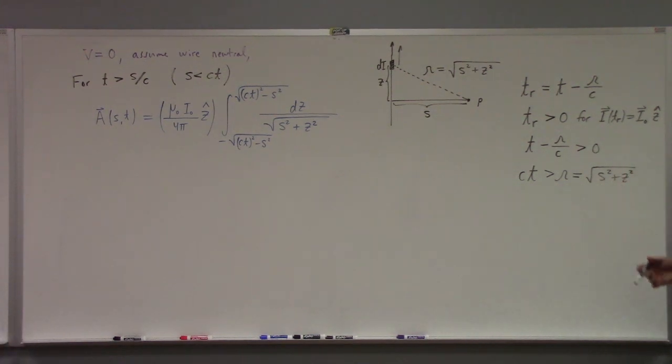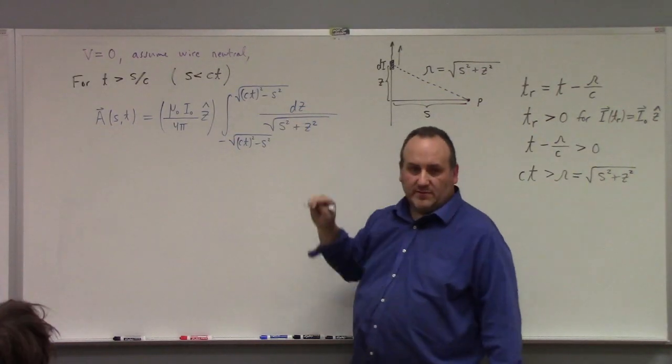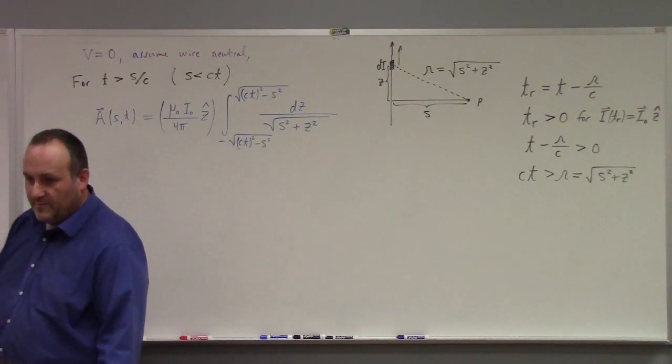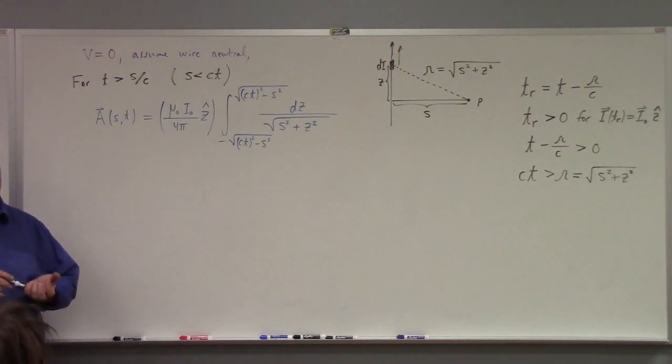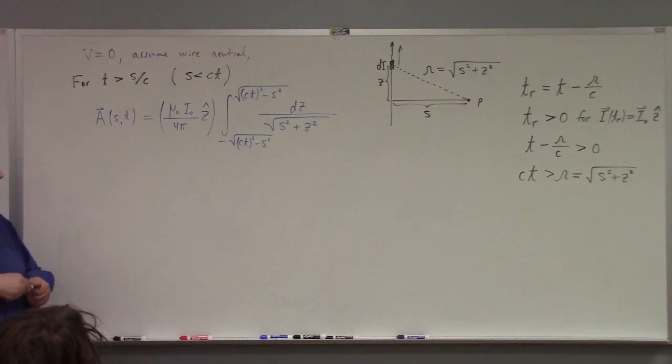So I think that explains the bounds. This is the maximum extent at which we have the non-zero current felt at the field point. Past that, plus or minus, it's further than ct away.